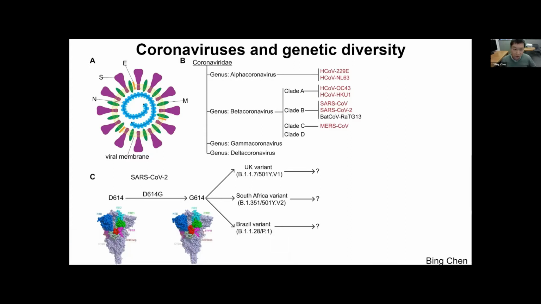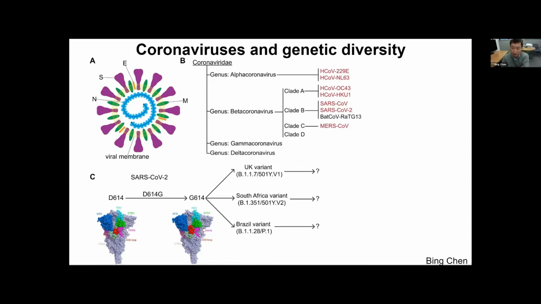As many of you know, genetic diversity has probably been the single most difficult problem for many human pathogens, including HIV and HCV. I will discuss the challenges associated with the genetic diversity of coronavirus, for example, which I think could easily be applicable to other pathogens.